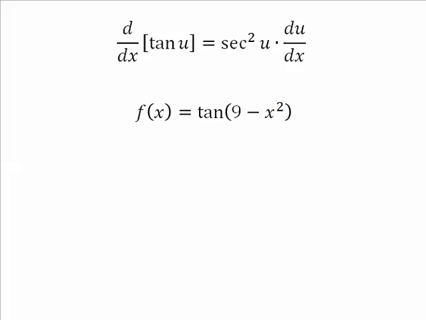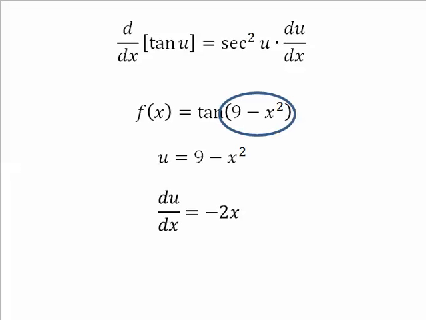Okay, let's do another example. Suppose f of x equals tangent of 9 minus x squared. I'm going to use the general trig rule for tangent. The derivative of tangent is secant squared. So my inside is 9 minus x squared, and so the derivative of that is negative 2x.